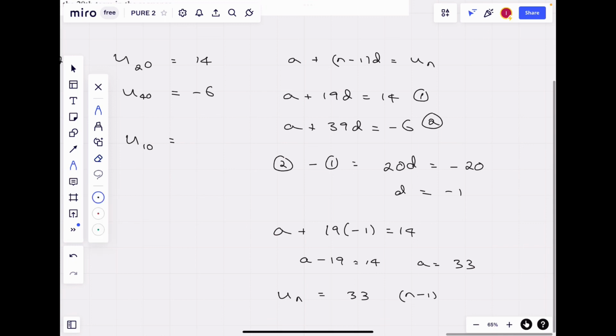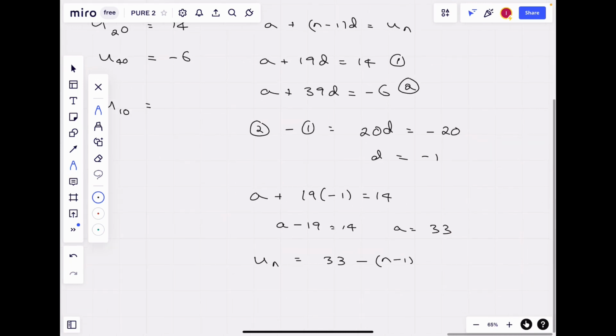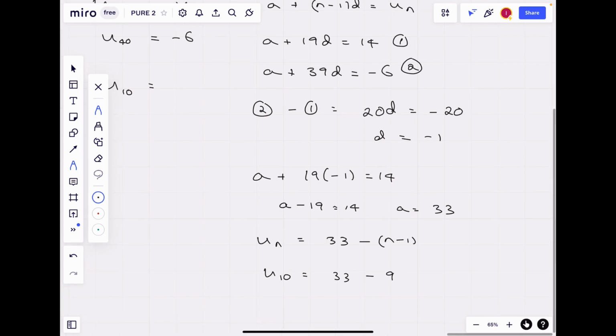They want U10. 33 minus (10 minus 1), which is 9, which gives you 24. There you go. That is question 7.